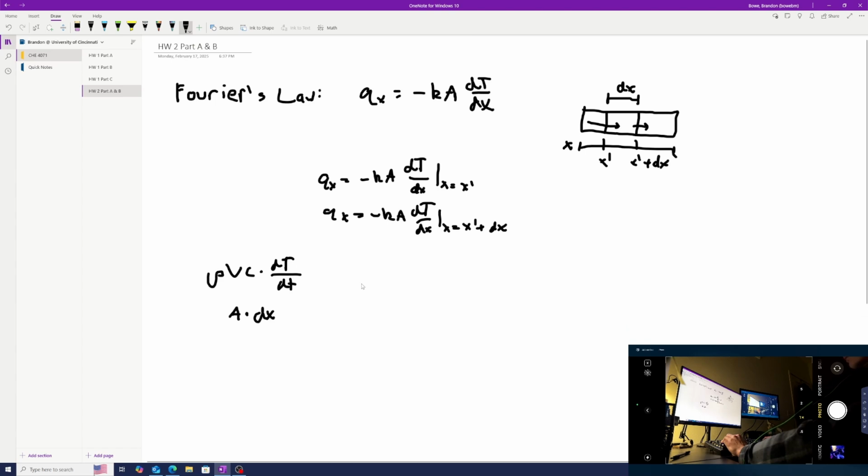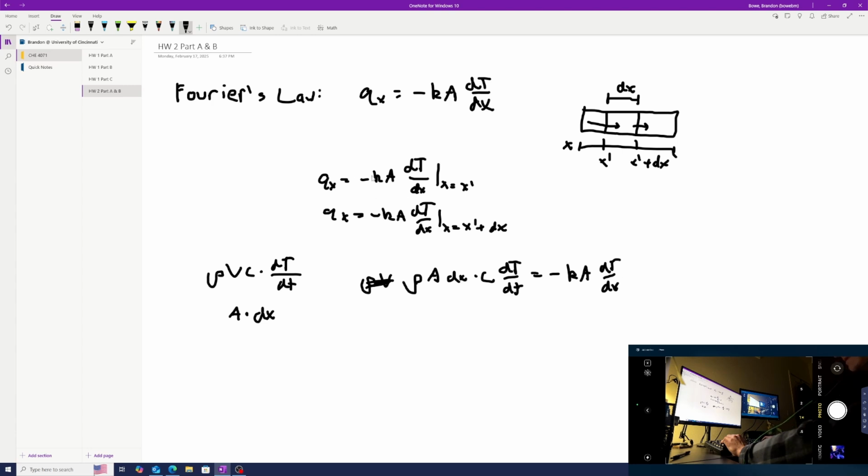our total energy inside of our system, so we'll go rho area times dx times c, change in temperature with respect to time, is equal to what we have coming in, so minus KA, change in temperature with respect to position.